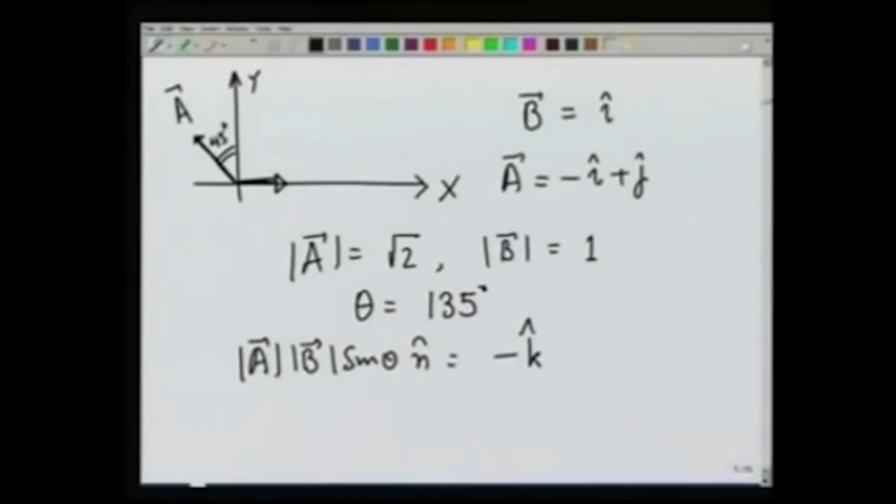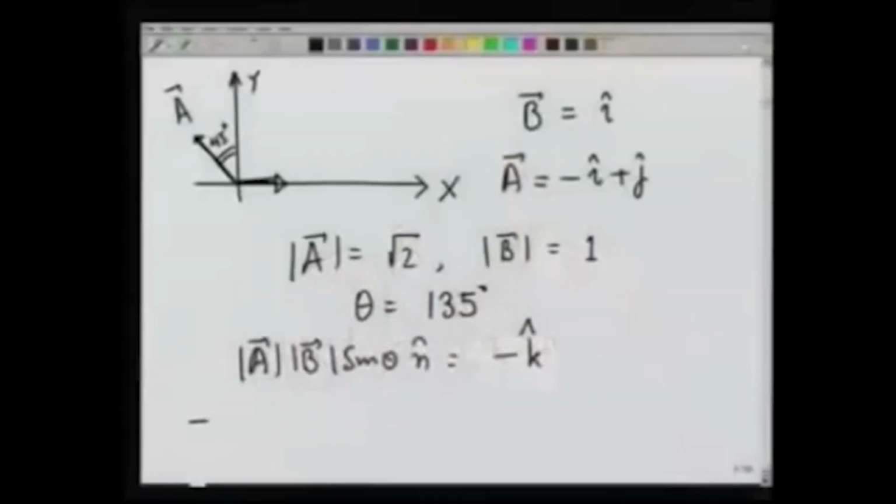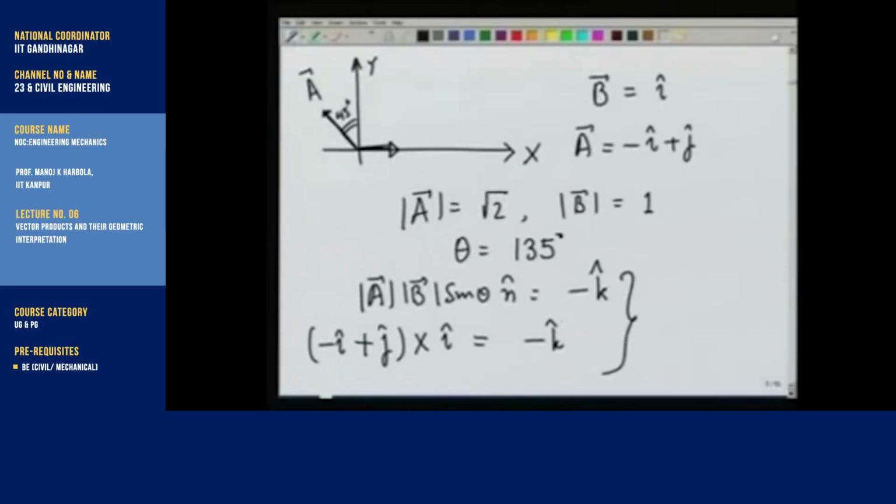Let us see if you get the same answer if I explicitly do component wise vector product. In that case, a cross b would be minus i plus j cross i. i cross i is 0 and j cross i is minus k. So, you see both give you the same answer.